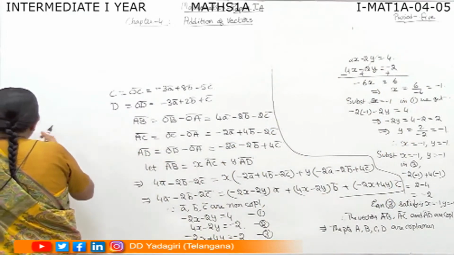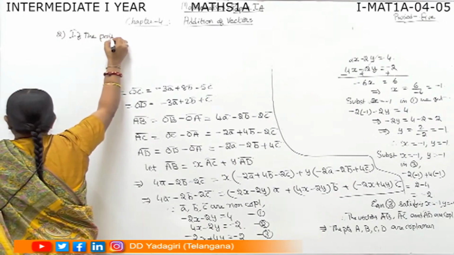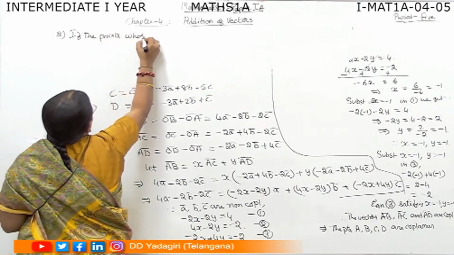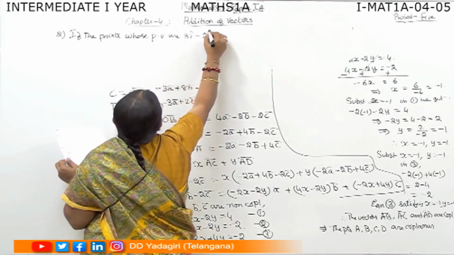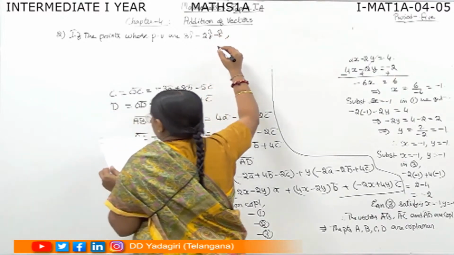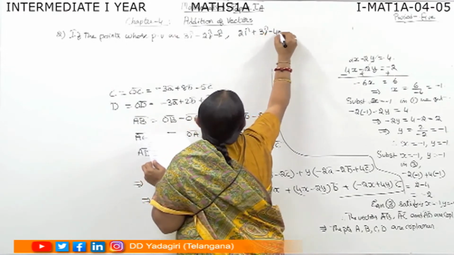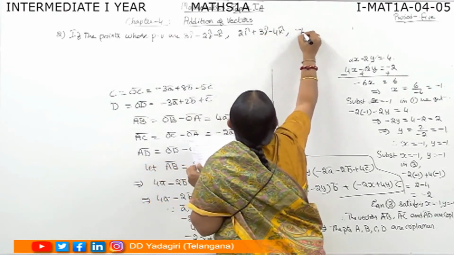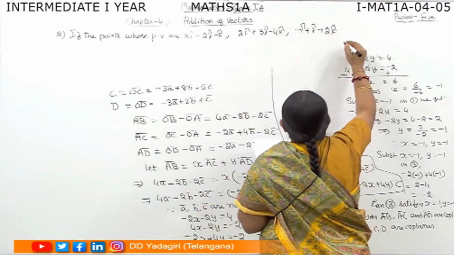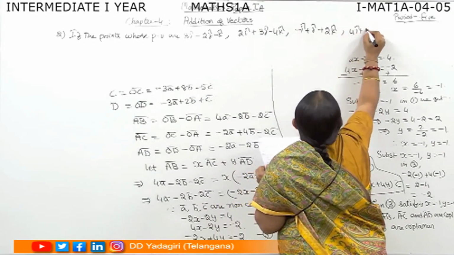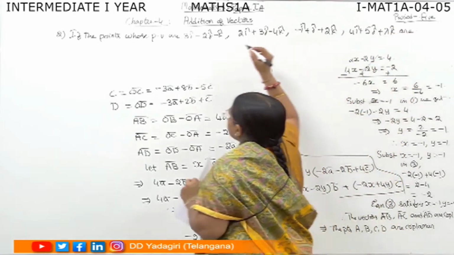Write down: if the points whose position vectors are 3i minus 2j minus k, 2i plus 3j minus 4k, minus i plus j plus 2k, and 4i plus 5j plus lambda k are coplanar.